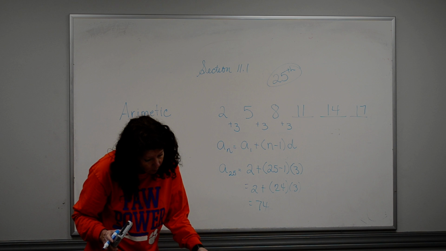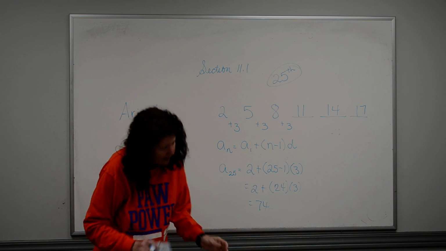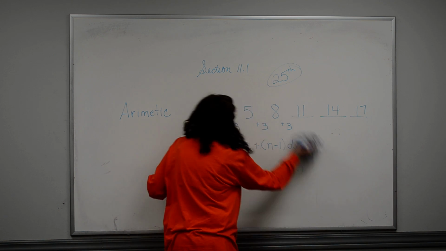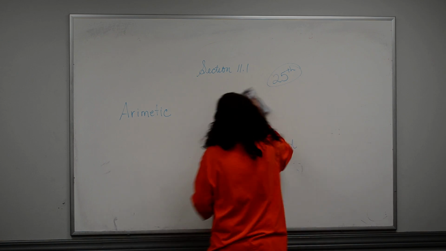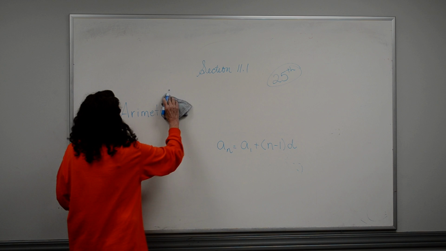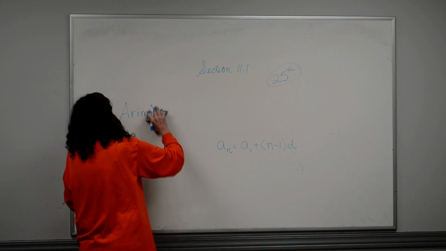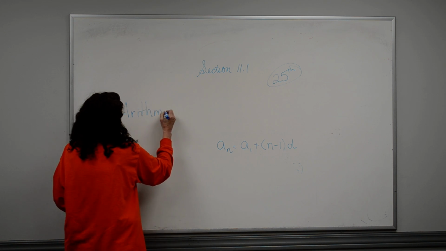There's not a whole lot to this. Let's do another one like that, and then we're going to add some that use this, but not as directly. So I need to make sure that I put, well, I think I misspelled that, got the th, arithmetic.